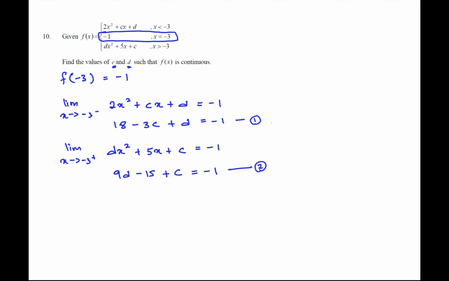So we can solve simultaneously between equation 1 and equation 2, or we can use the substitution method. Therefore you can get c equal to 185 divided by 28, and d you can get 23 over 28. So that is the answer for question 10.